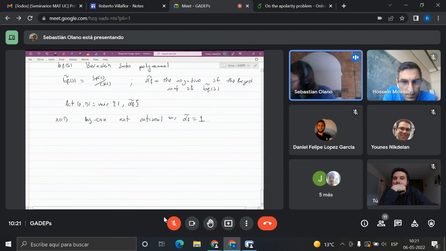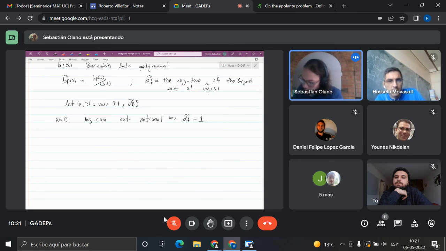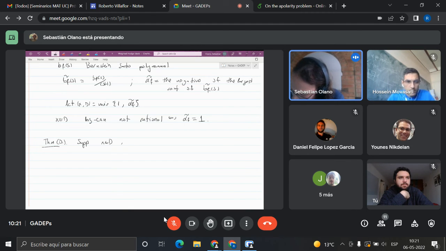And then one result I have is a similar picture. It tells you that, instead of having alpha tilde being 1, suppose that you have x an isolated singularity, and you have that alpha tilde is p plus 1. Okay, so an integer, right?